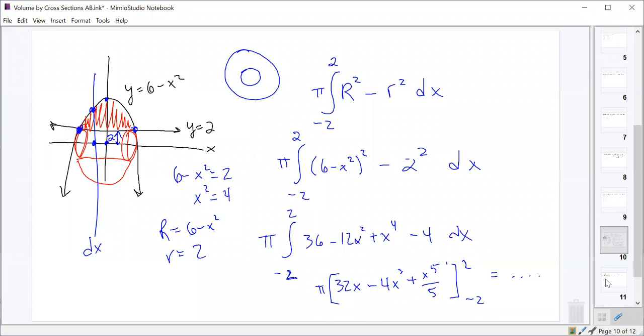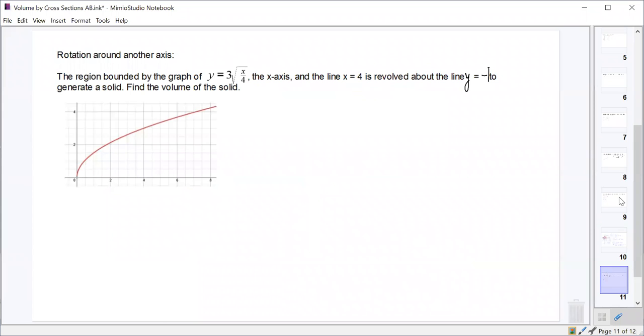All right, we're going to move on to this problem right here. I'd like you to take a look at it, read it, and think about why this is different than what we've been doing.